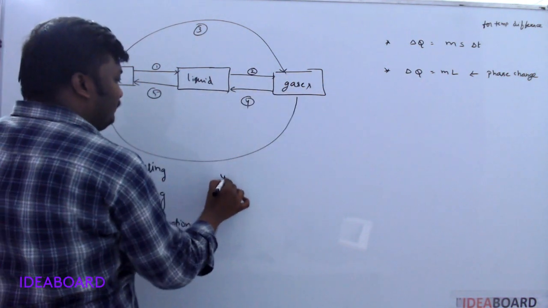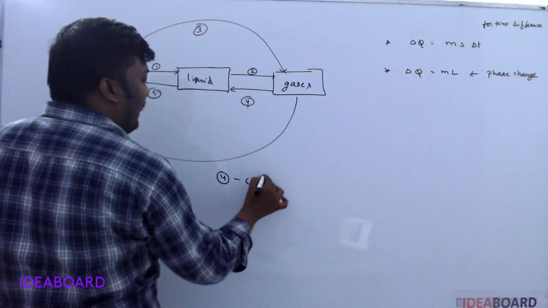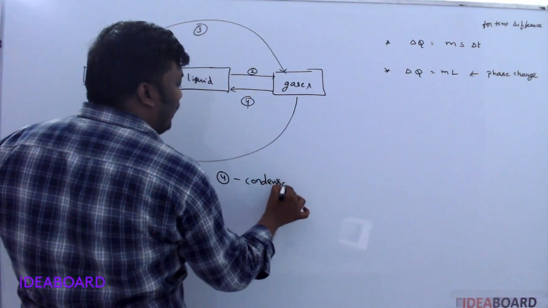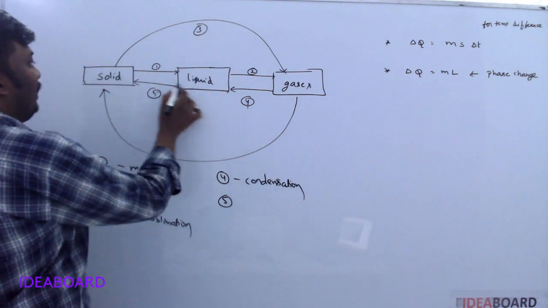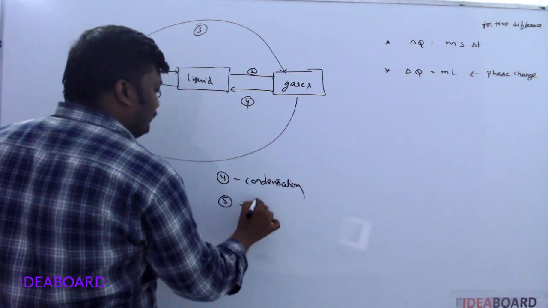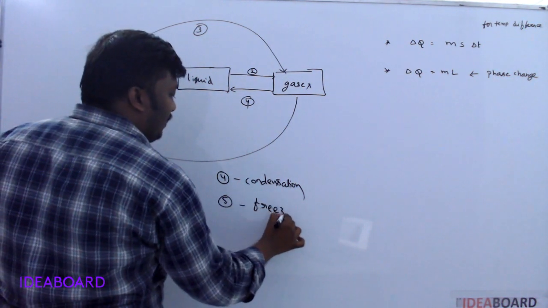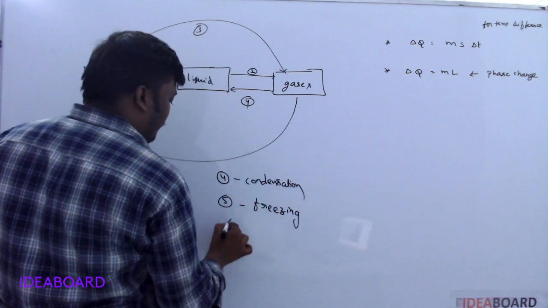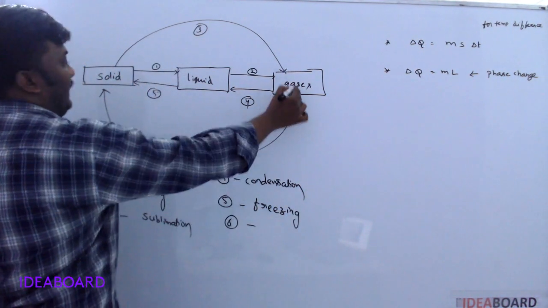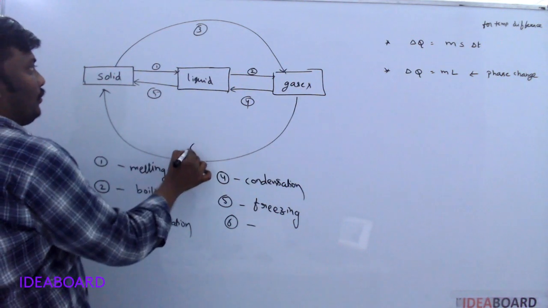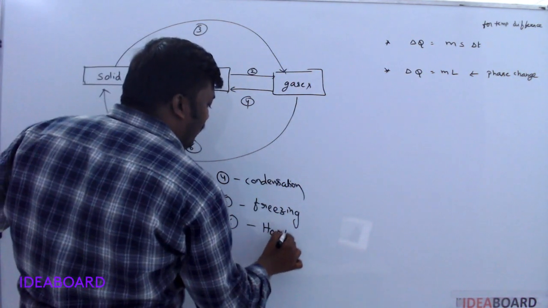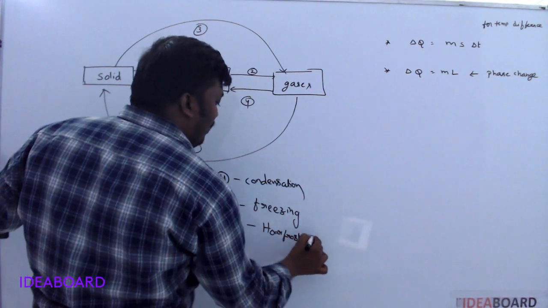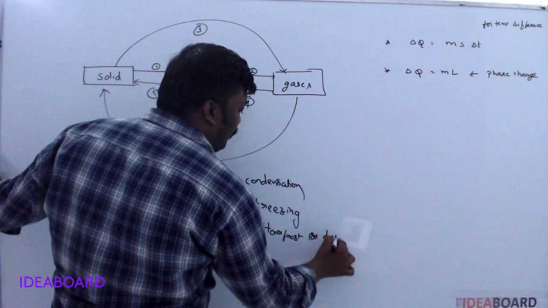Gas to liquid is condensation. Liquid to solid is freezing. Gas converting directly into solid is called hoarfrost or deposition.